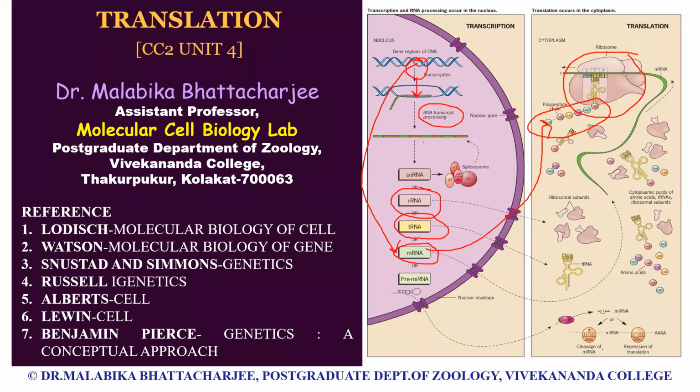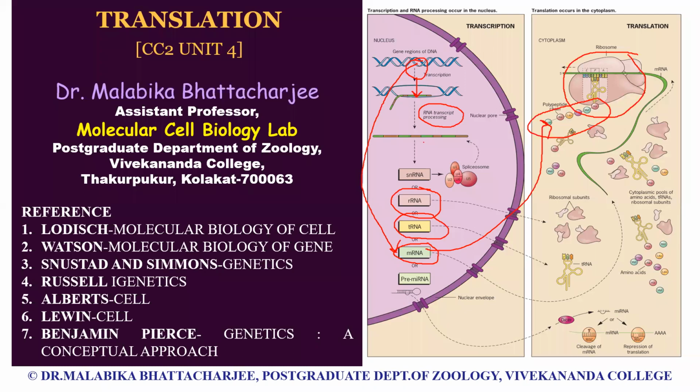For tRNAs, in a very simplified manner, it has been shown here that a polypeptide is nothing but a string of amino acids. So what role do the tRNAs play? Depending on the code present on the mRNA, they pick up the corresponding amino acid.